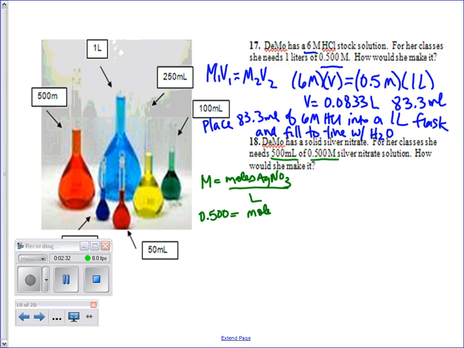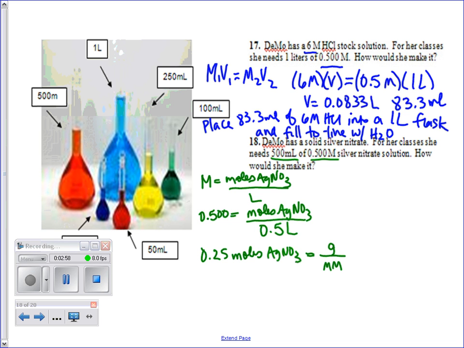We don't know how many moles of silver nitrate we need, but we do know we want to make 500 milliliters, which is 0.5 liters. When we multiply to solve for moles, we get 0.25 moles of AgNO3.